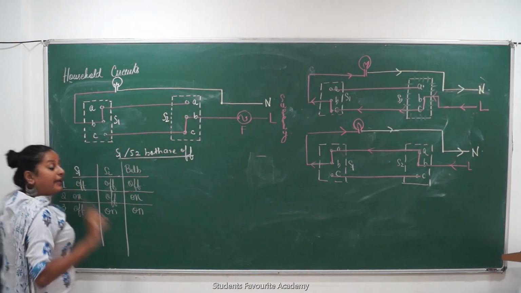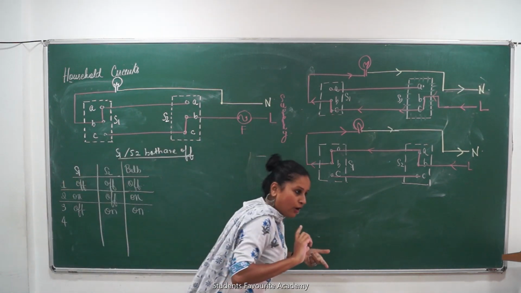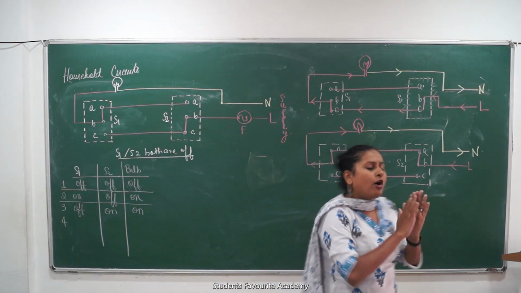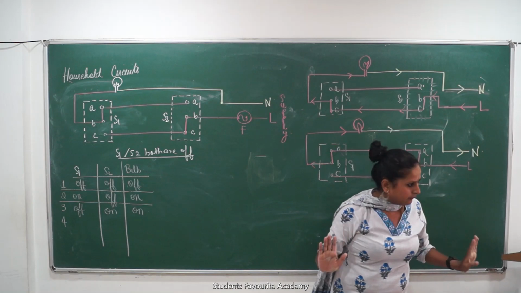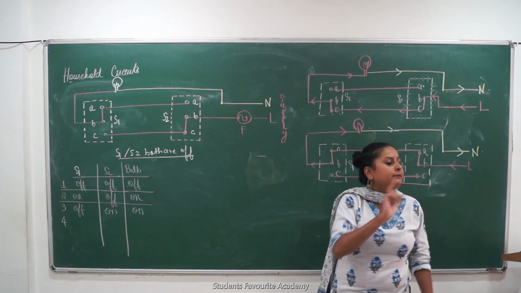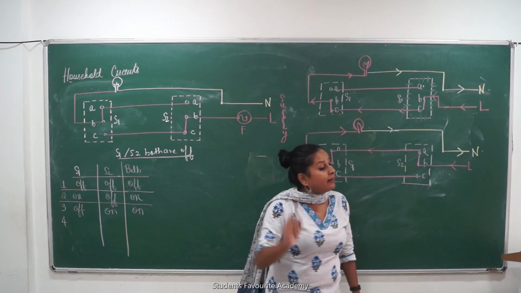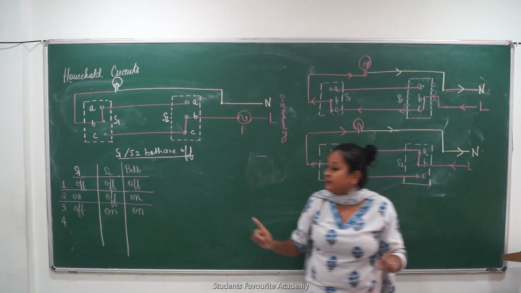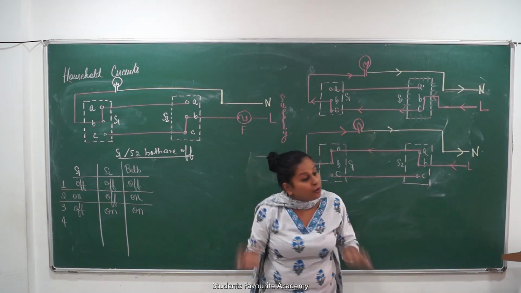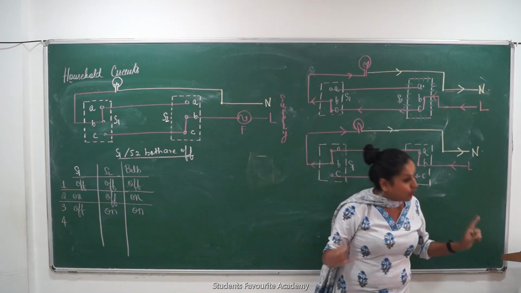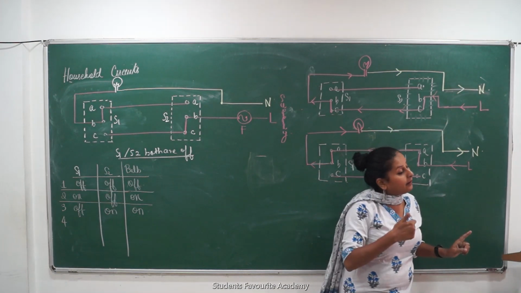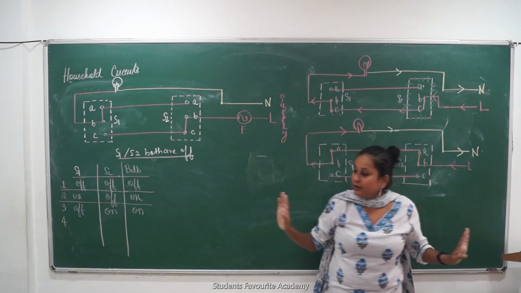So whenever the switches are alternate on off, that's how it works. You can always do these logical steps by yourself. Just see, if a BC connection is being made then the connection will be there, if AB is being made then current will flow, if BC is being made then current will flow. AB on one and BC on the other, it will not flow. BC on one and AB on the other, it will not flow.